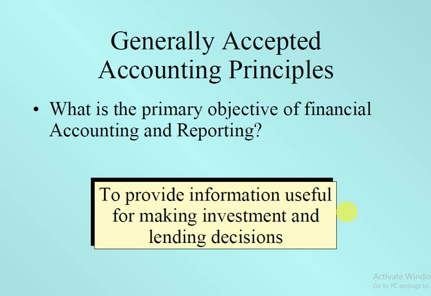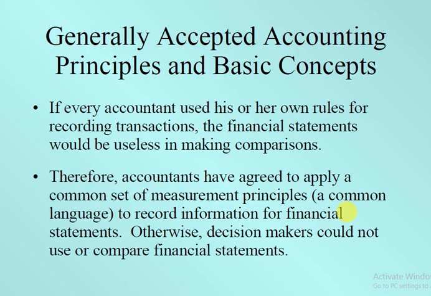To provide information which is useful for making investment and lending decisions. If every accountant used his or her own rules for recording transactions, the financial statements would definitely be useless in making comparisons and decisions and in streamlining the economic activities of the business.